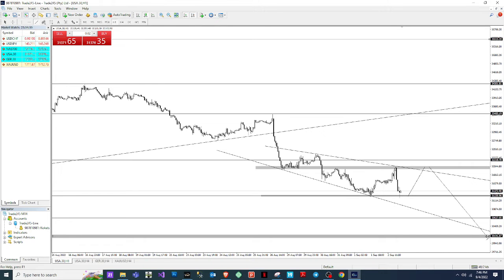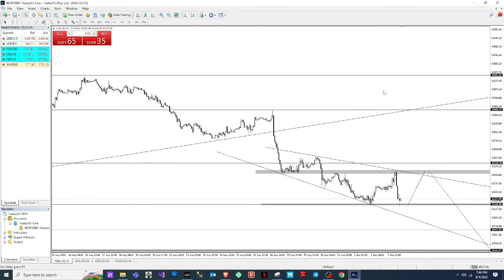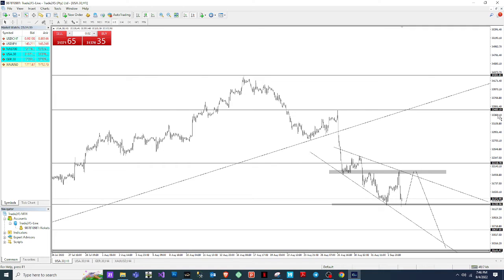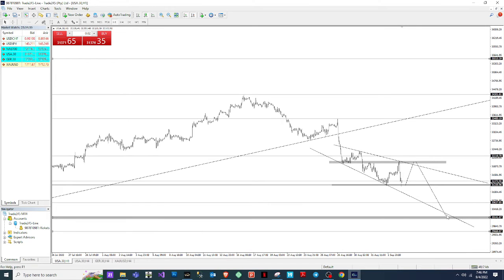Let me explain it to you so that you can understand. The sell from this point is that we are on a zone, and the zone here has already touched one, two. The third time is a charm. So basically, that's how it's going to work.